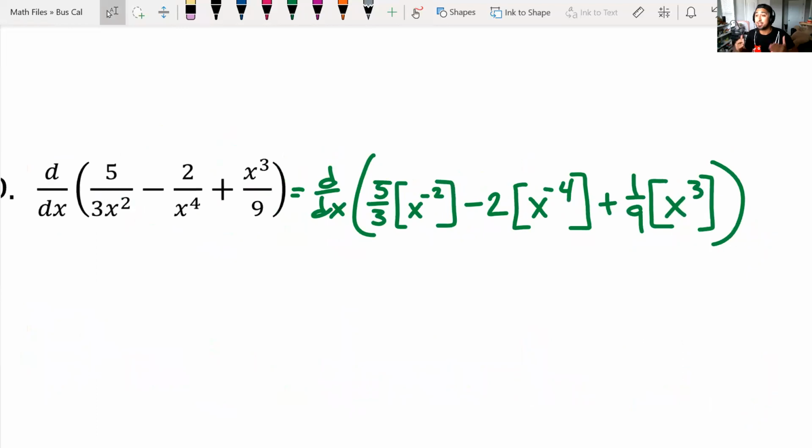There you go. It has been rewritten algebraically, and now we take the derivative using power rule on all the terms I have boxed.